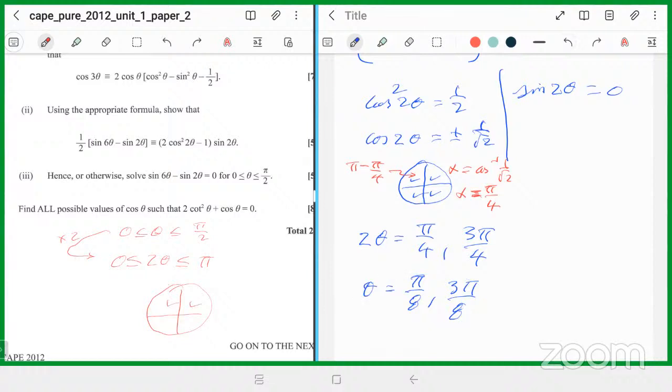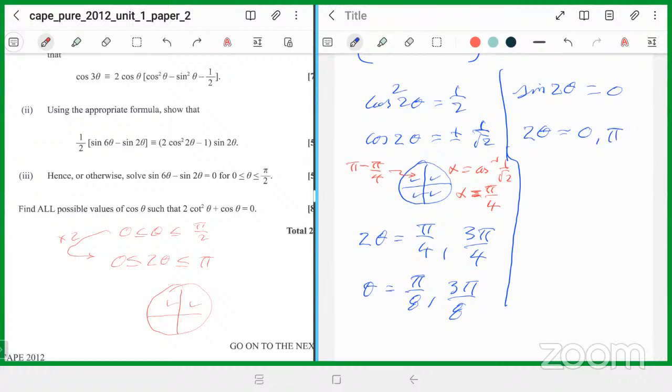Then over here, I'm solving sine 2 theta equals 0. Again, I want the first two quadrants. This one is kind of easy because it's 0. So 2 theta is going to be 0 because sine of 0 is 0. It's also going to be pi, since sine of pi is also 0.